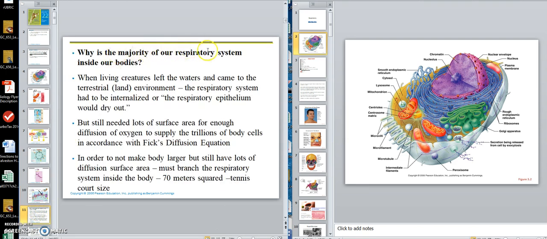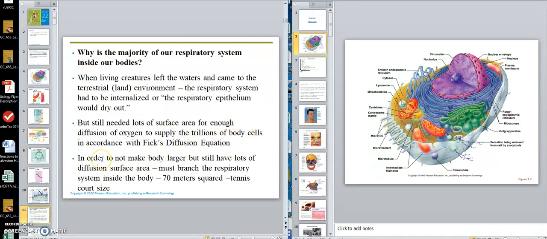Why is the majority of our respiratory system inside our bodies? When living creatures left the waters and came to the terrestrial, which is the land environment, the respiratory system had to be internalized, or the respiratory epithelium would what? Dry out. But it still needed a lot of surface area for enough diffusion of oxygen. We'll see an equation. So you need a lot of surface area.